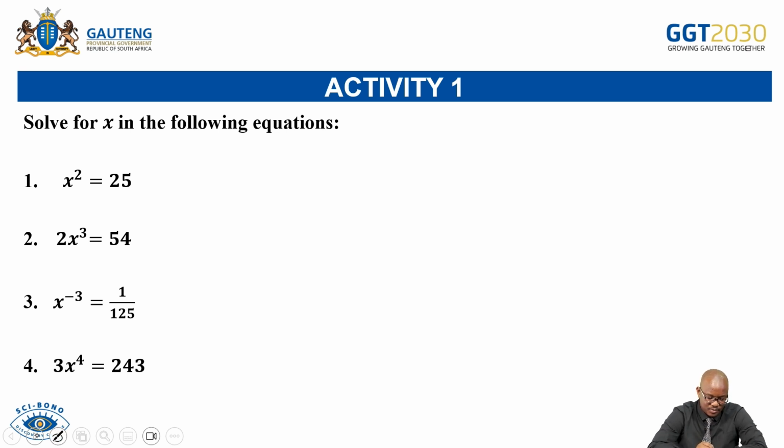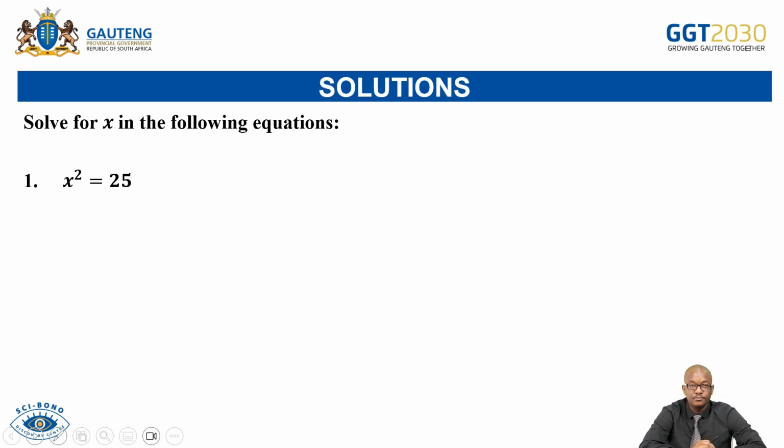So in this case, what do we do now? We have x to the exponent of 2 is equal to 25, correct?